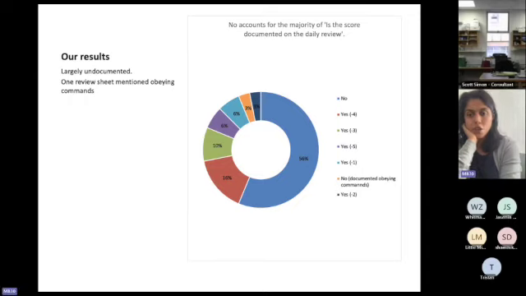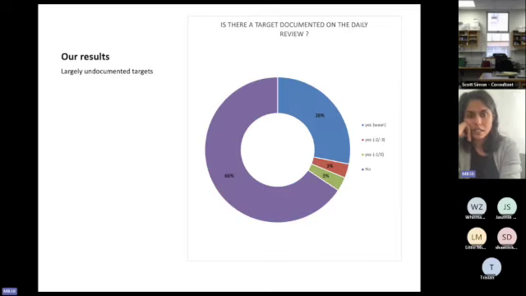It was varying in other, so I've also highlighted what the score was, so how many people were highlighting yes and documenting -1, all the way through to -5 even. But one person had documented obeying commands, which we then excluded because it wasn't specifically looking at whether the current RASS is being documented.